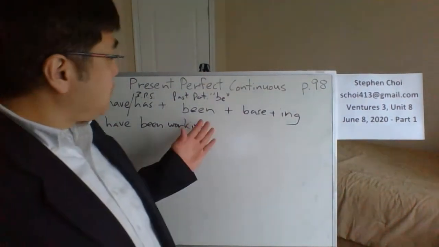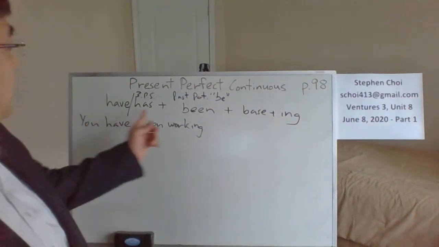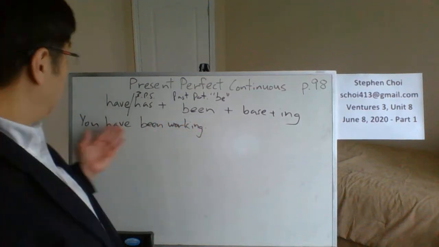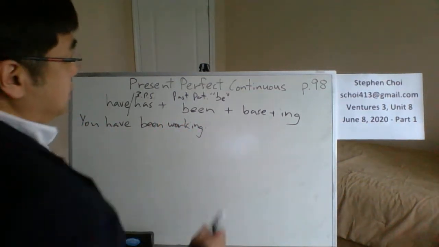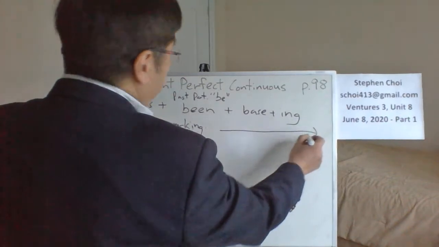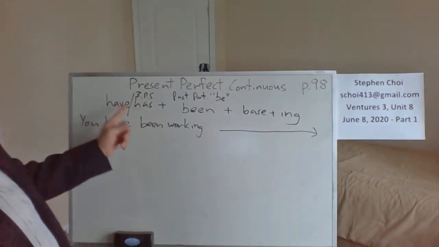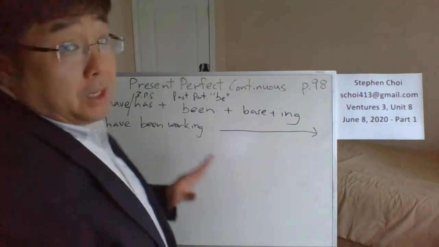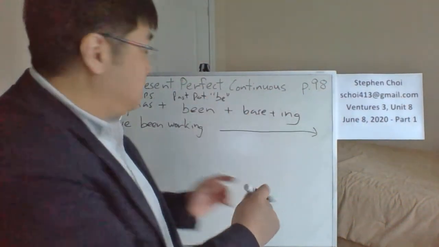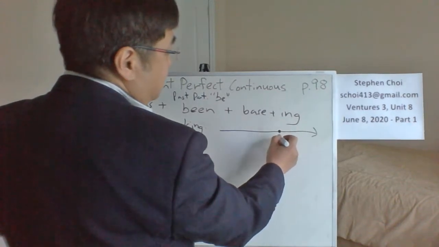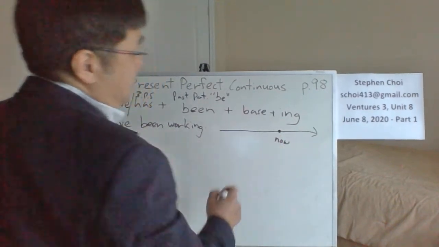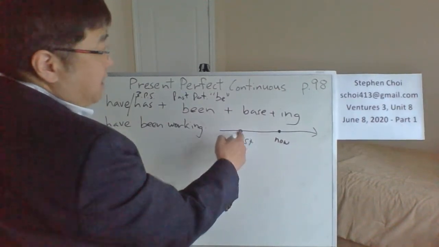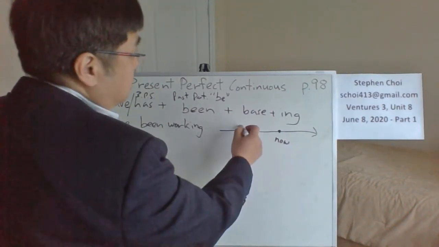So what does that mean? Why do we have this tense? What does you have been working mean? Again, we say present because we use have or has, which is in the present form. But it's really a past idea. So if this is now, that's the present. It began sometime in the past and is continuing.